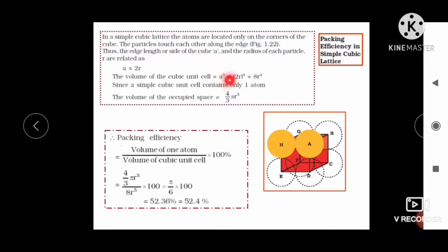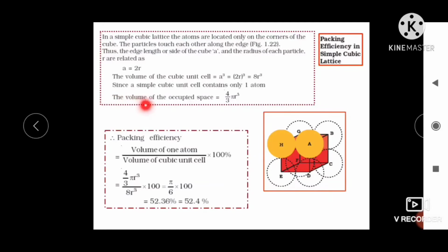If we substitute the value of a, we get a cube equals (2r) cube, that is equal to 8r cube. Since a simple cubic unit cell contains only one atom, the number of atoms present per unit cell of simple cubic lattice is 1.